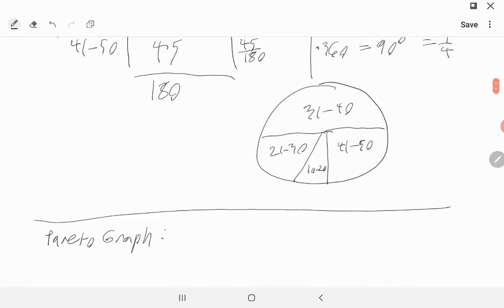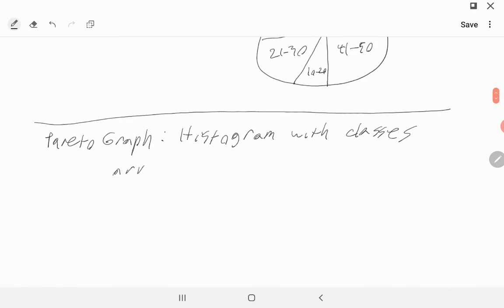Just so you're aware of it, it's really just a histogram with classes arranged from greatest to least frequency.